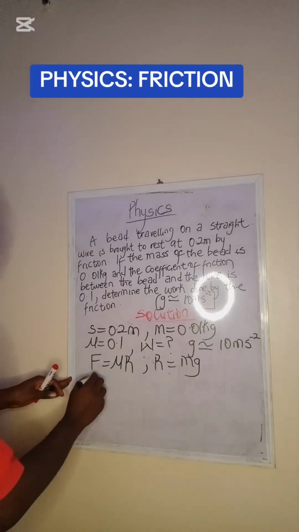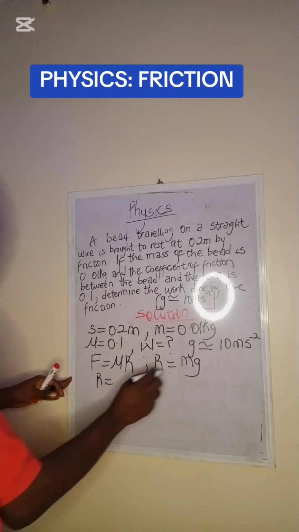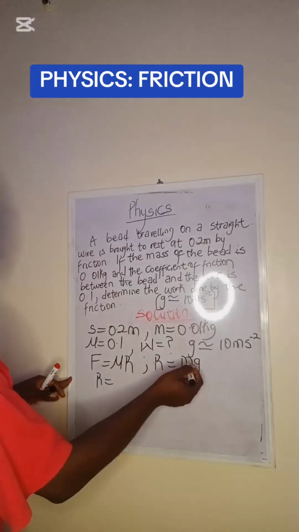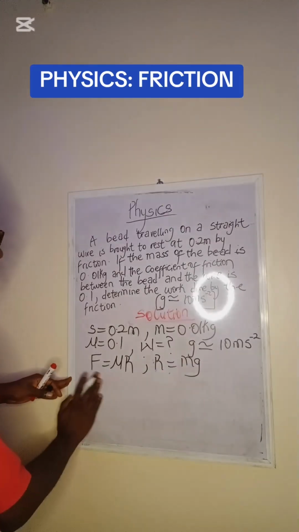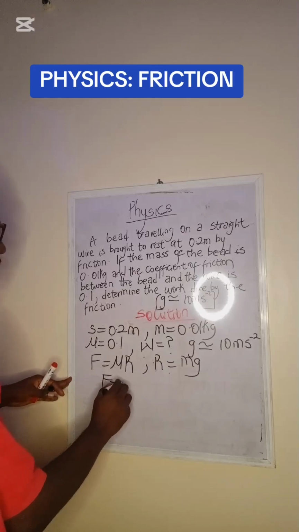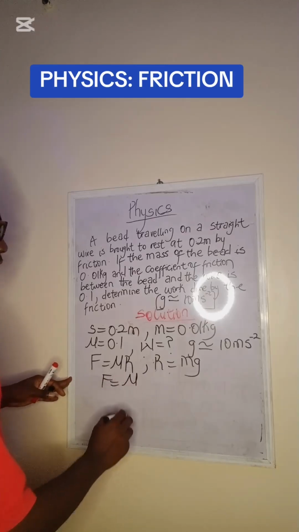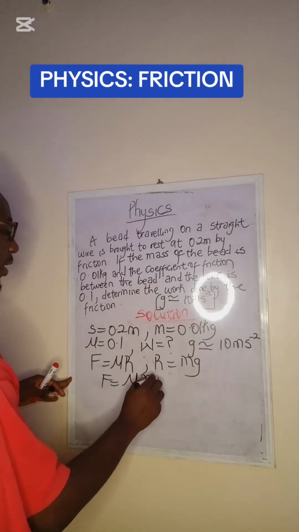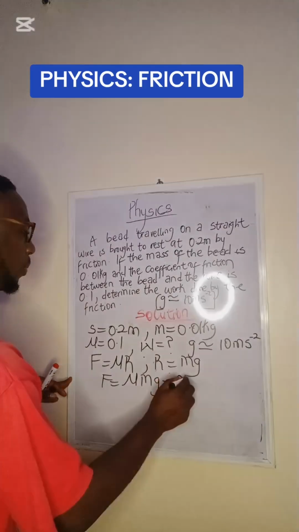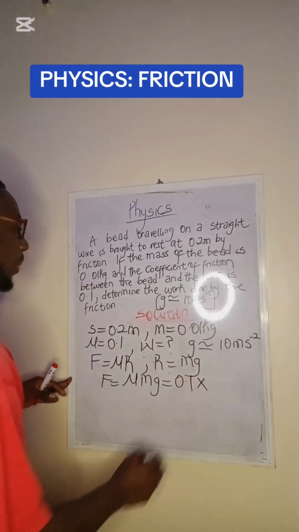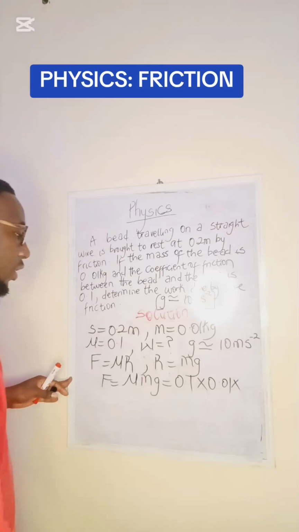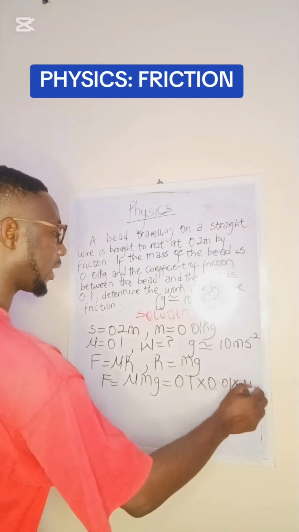Okay, let's not waste much time. We have that our F equals the coefficient of friction times m times g. Our coefficient of friction as given to us is 0.1. Then our mass is 0.01, while our acceleration due to gravity is 10.